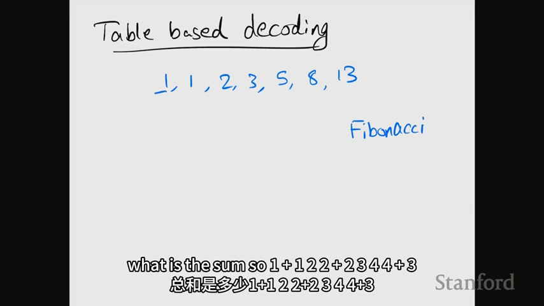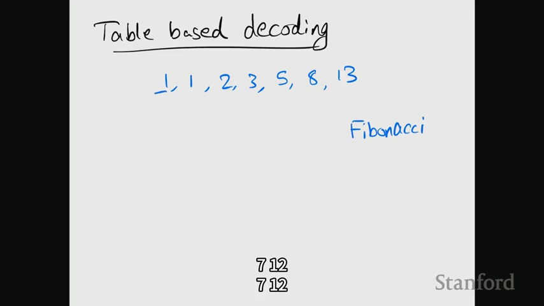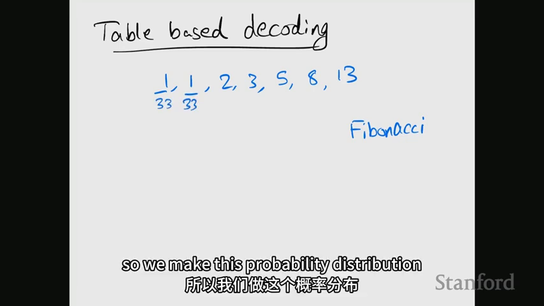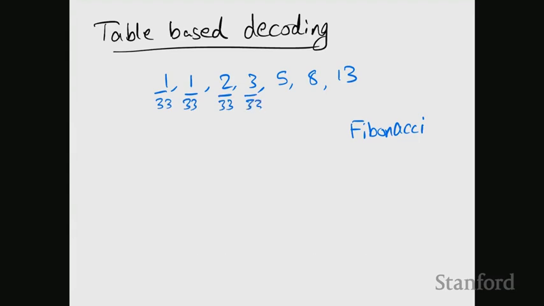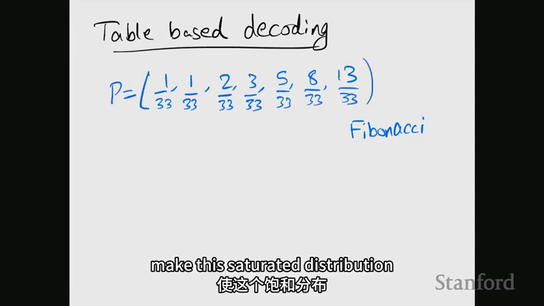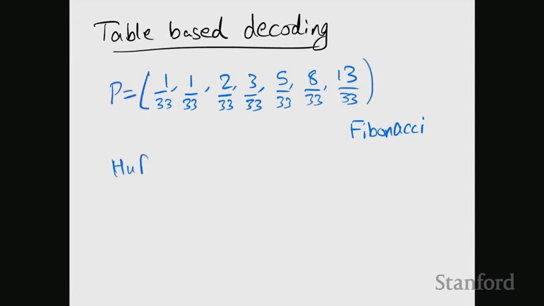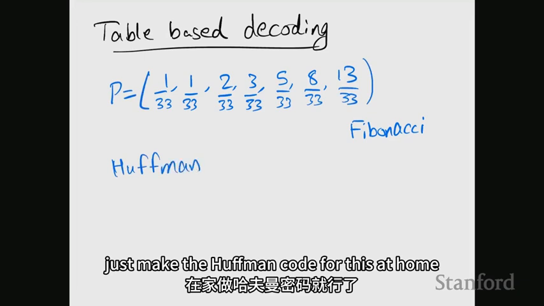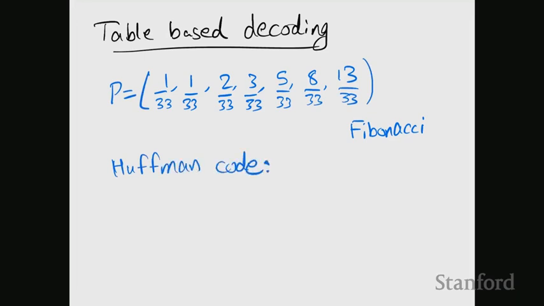What is the sum? So 1 plus 1, 2, 2 plus 2, 3, 4, 4 plus 3, 7, 12, 20, 33, right? So we make this probability distribution. Just make the Huffman code for this at home.